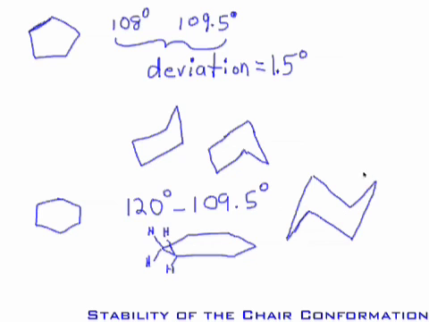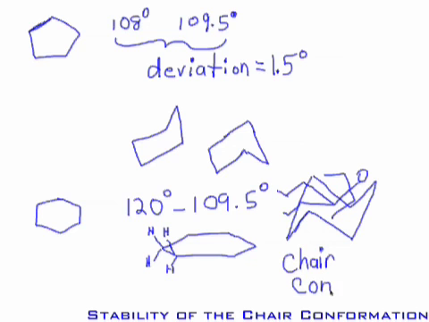In fact, if I was to make my character a person, they would look like they were sitting down in a chair. And so it is called a chair conformer. The cyclohexane adopts what is called a chair conformation. Okay, fine. Chair conformation.